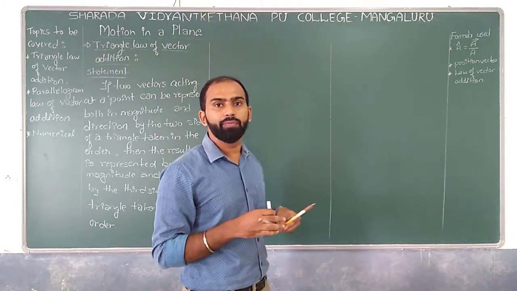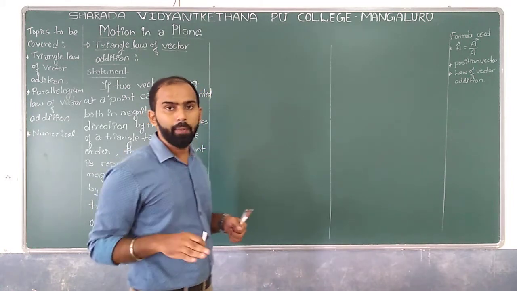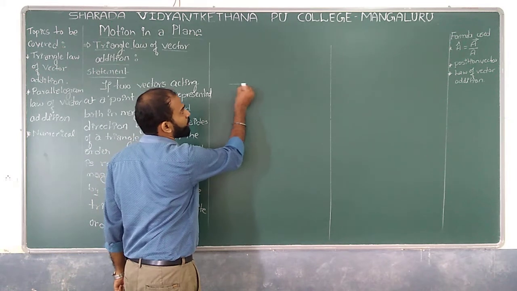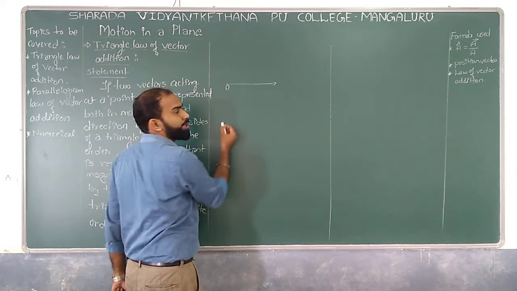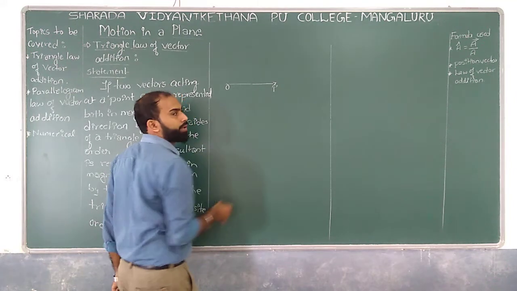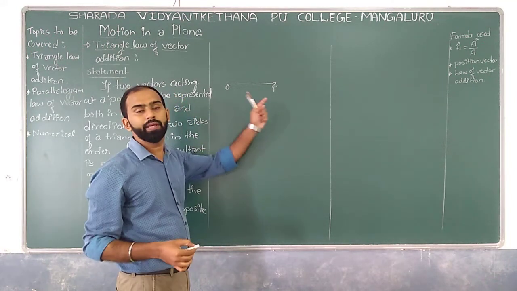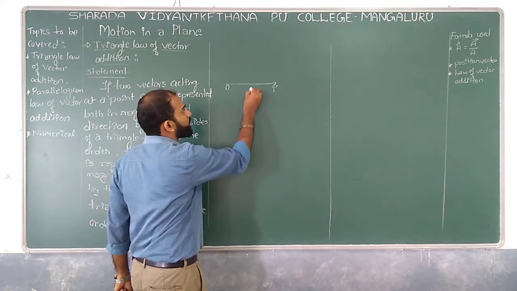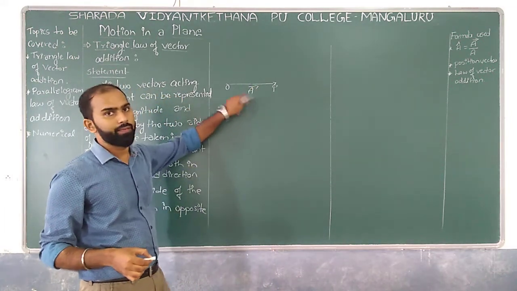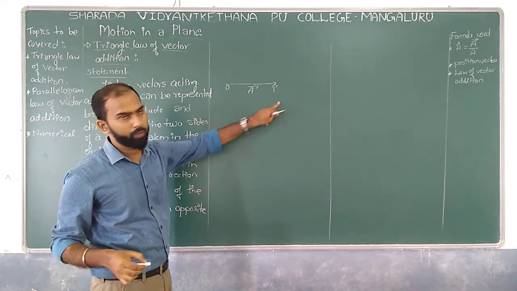By taking the help of this, let us assume there is one vector over here. Let us say it is the origin point O, and this is the point P over here. And this OP is a vector that is called the A vector, which has a magnitude of OP, okay?